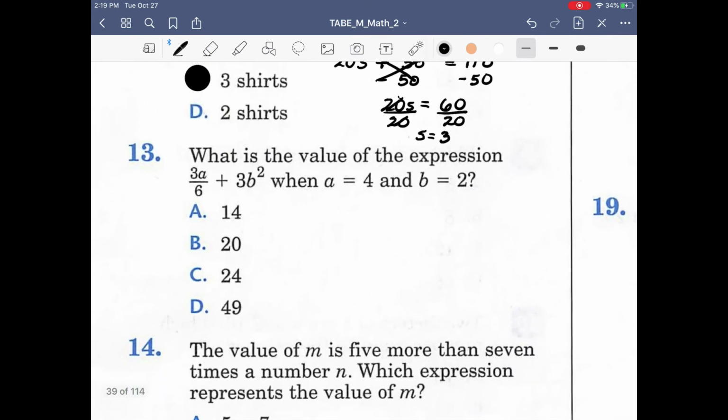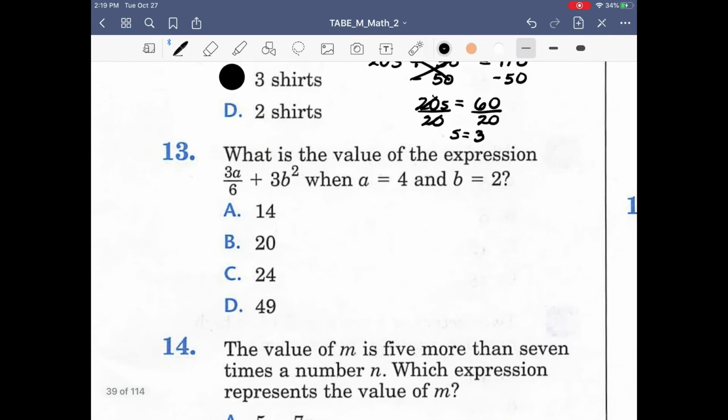Number 13. What is the value of the expression when A is 4 and B is 2? I like my variable box. You don't have to draw that if you don't want to, but I like it. A is 4 and B is 2.